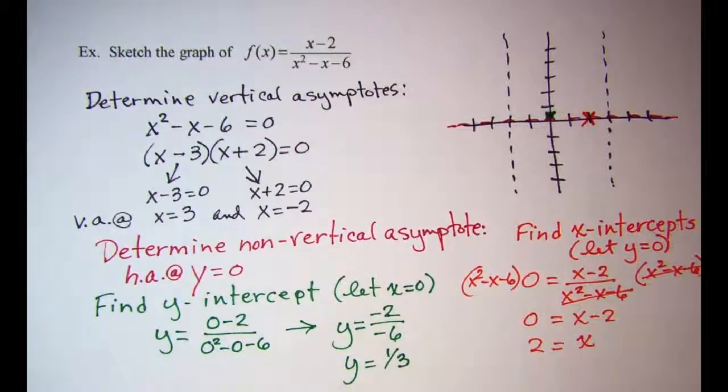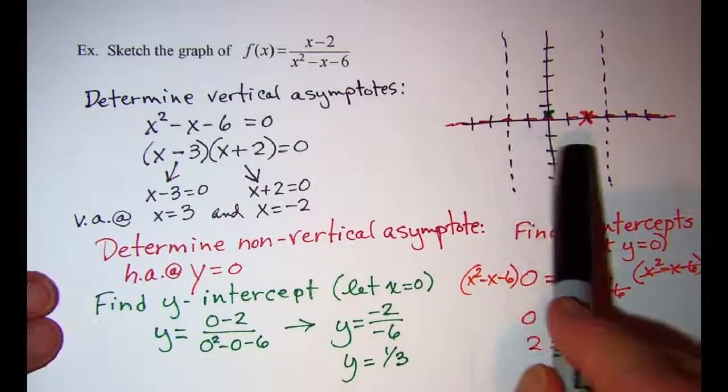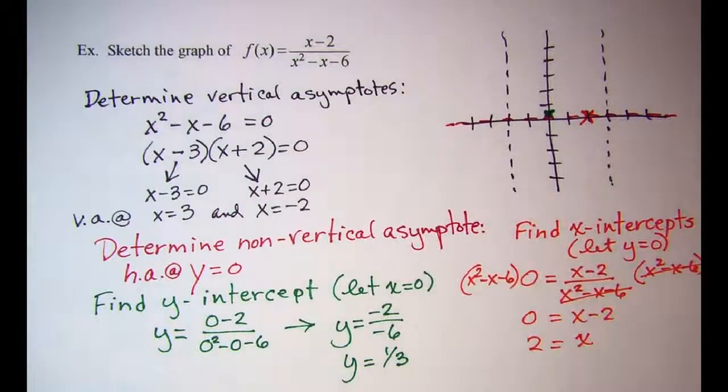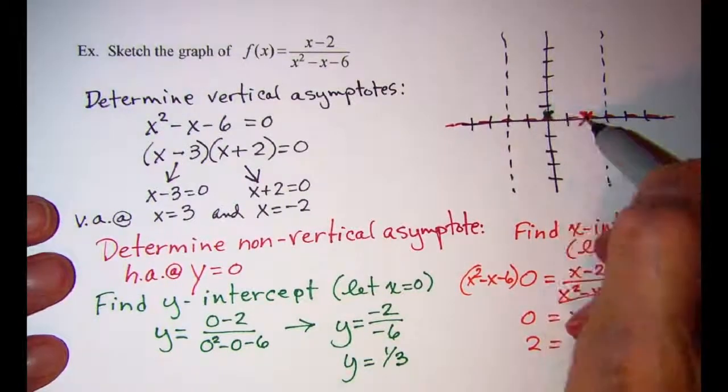Right. Now I have enough information to tell us how the graph is going to behave here in between the two asymptotes. We see that our graph has to connect these 2 points. 2 is the only place where it can cross the axis.